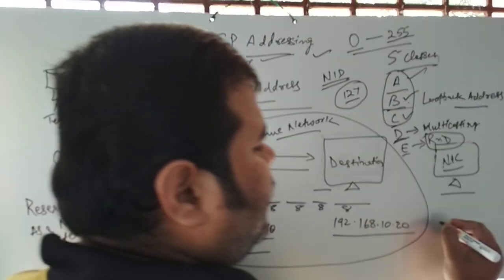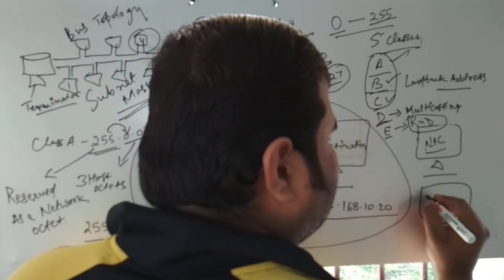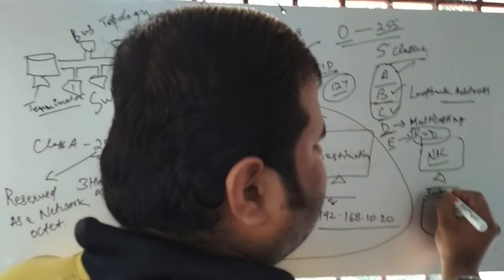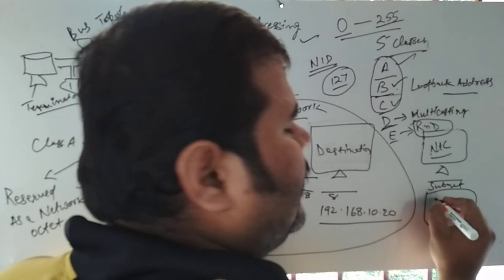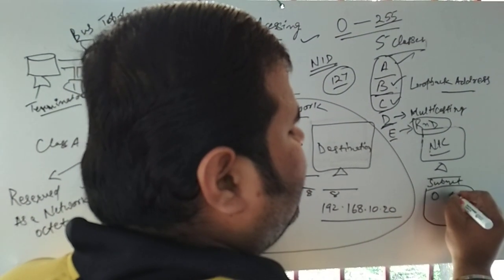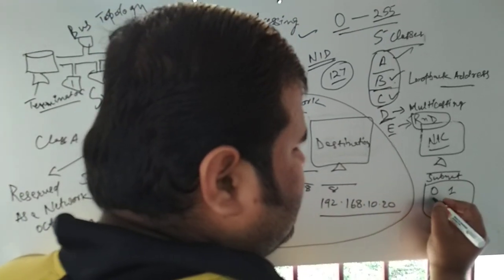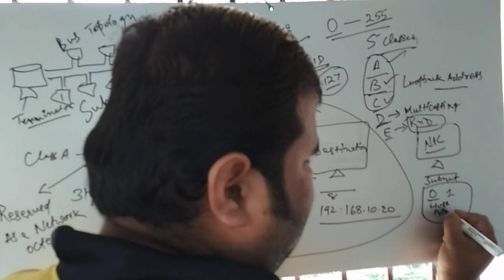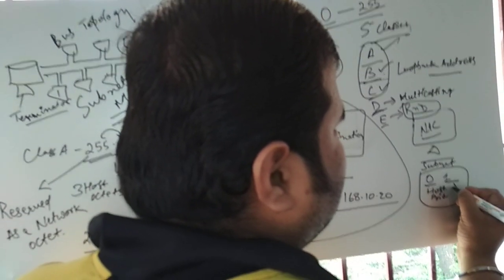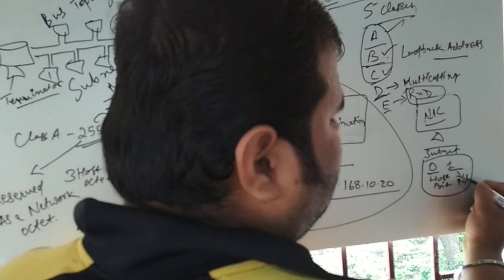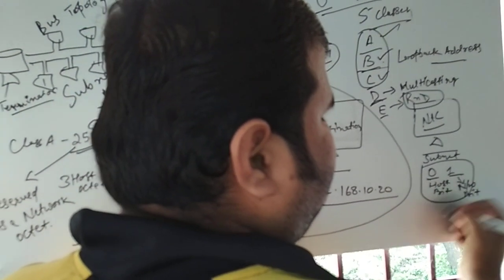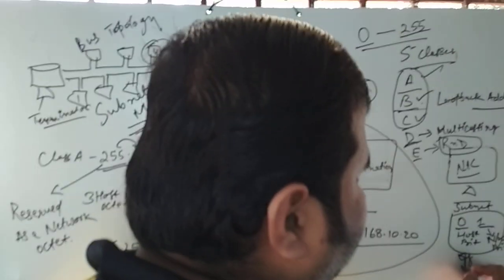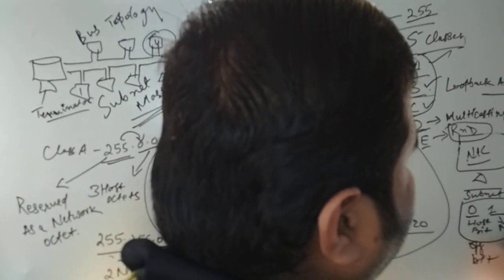That means when we calculate the subnets, it is calculated on the basis of 0 and 1. 0 means the host bit and 1 means the network bit. You can say it as off bit and on bit.